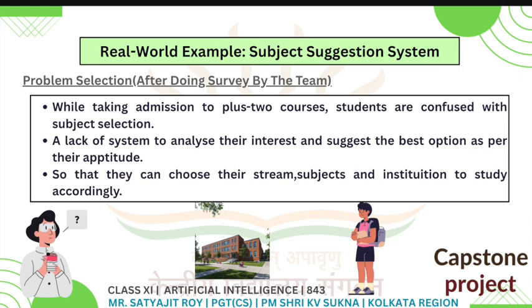They are not sure what they are going to do after class 10th. So there should be a system, right? There should be a system which will help them. There should be a solution to this problem. That is what our problem is, and we are going to solve this problem and create a project abstraction.